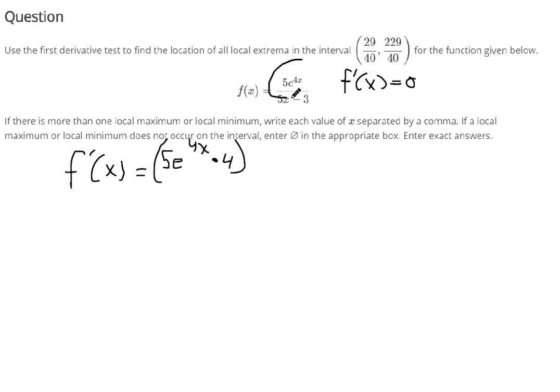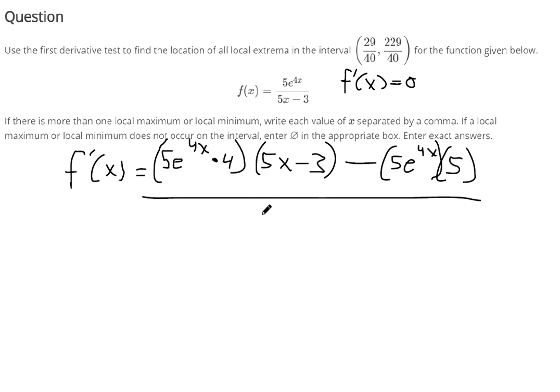That's the derivative of the numerator, and the denominator stays the same when we use the quotient rule, the first term. Then we subtract the original first function times the derivative of the second function. That's all over the denominator squared.